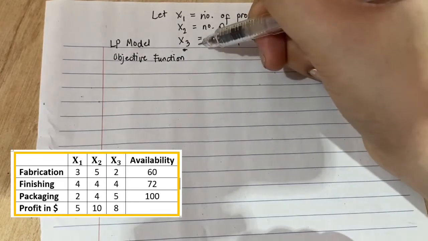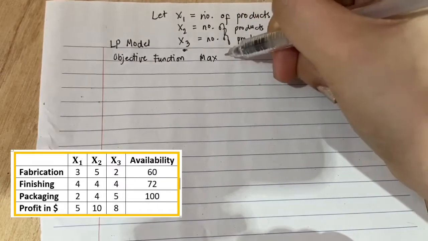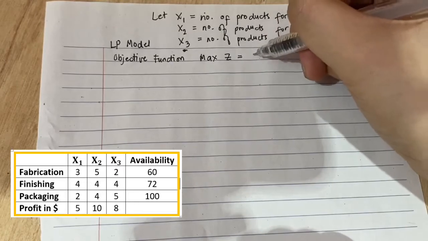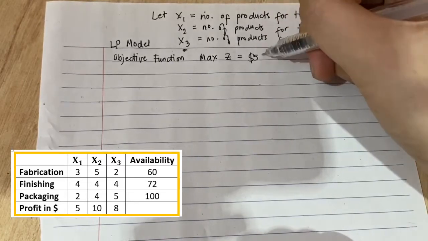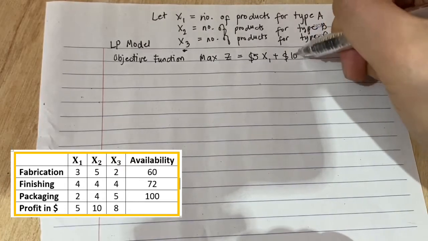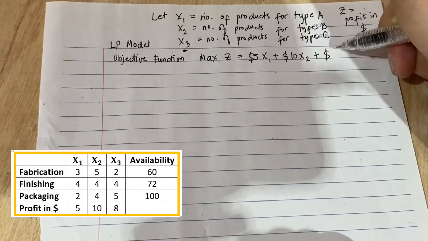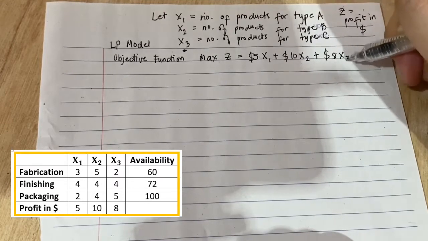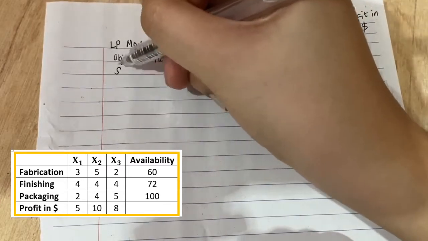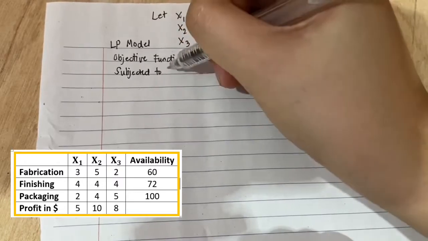So in this case, you're asked to get the maximum profit where for every $5 of type A, $10 of type B, and $8 of type C. Okay, and then subject to the constraints.